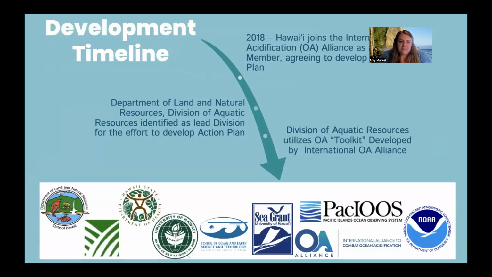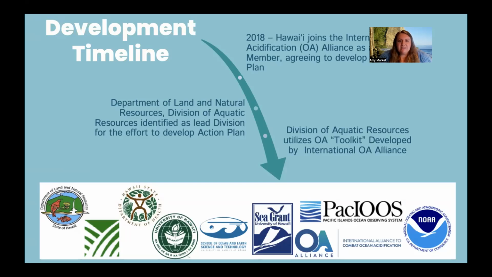So how did it come to be? Well, in 2008, our governor from the state of Hawaii joined the International Alliance as a state member, and so agreed to develop an OA action plan. The Department of Land and Natural Resources, Division of Aquatic Resources was identified as the lead division for the effort to develop an action plan for the state.